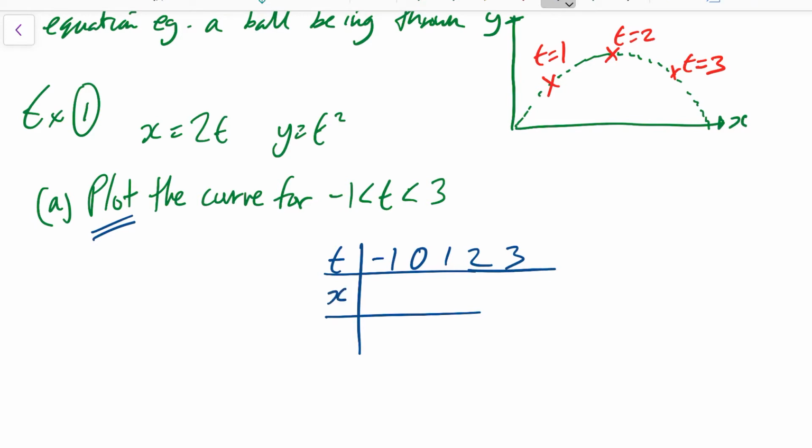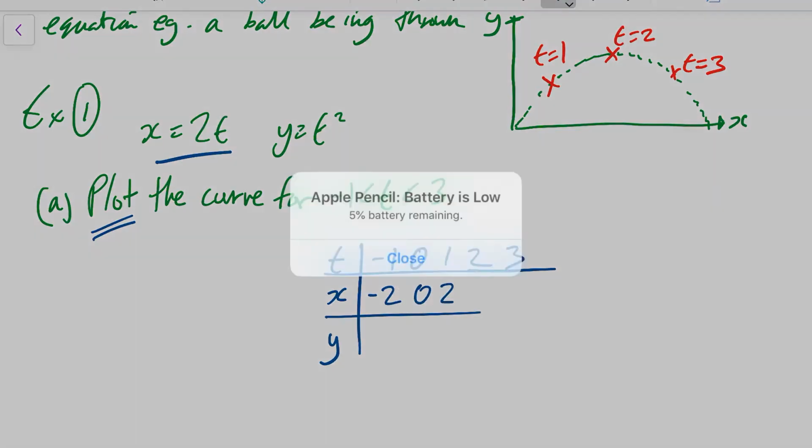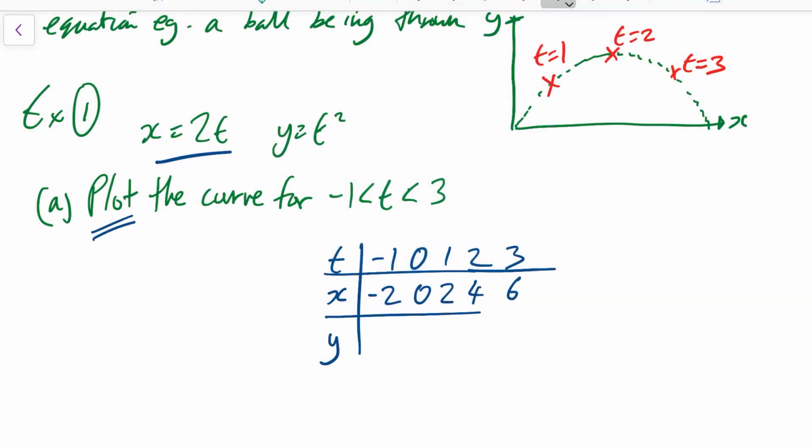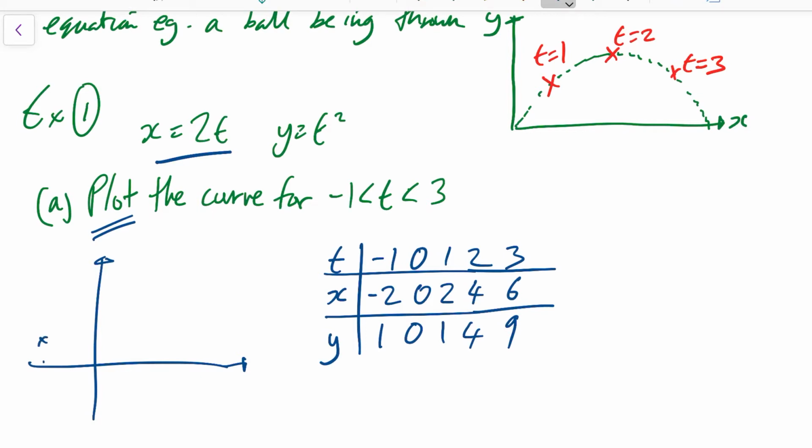And for our x value and our y value, for x value we can use our first formula here. So it's 2 times -1 is -2. Okay, and now all we have to do is to plot those values onto some particular graph paper or onto here. So over here we'll be plotting -2 with a height of 1.